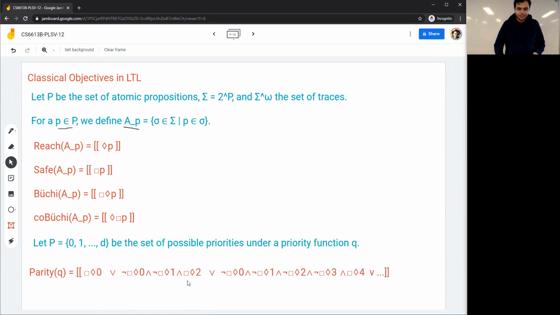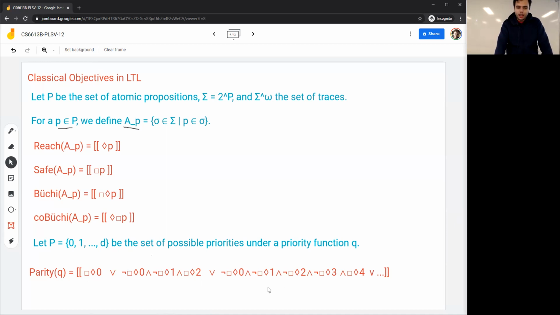Okay, so this is it. You either see 0 infinitely many times, or you don't see 0 infinitely many times, and you don't see 1 infinitely many times, and you see 2 infinitely many times. So this is when your parity is 0, this is when your parity is 2. This is when your parity is 4. You don't see 0 infinitely many times, you don't see 1 infinitely many times, you don't see 2 and 3 infinitely many times, but you do see 4 infinitely many times.